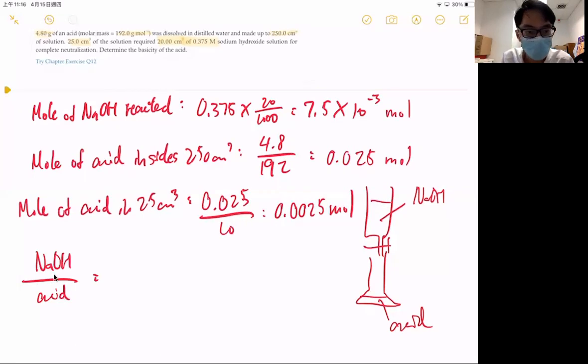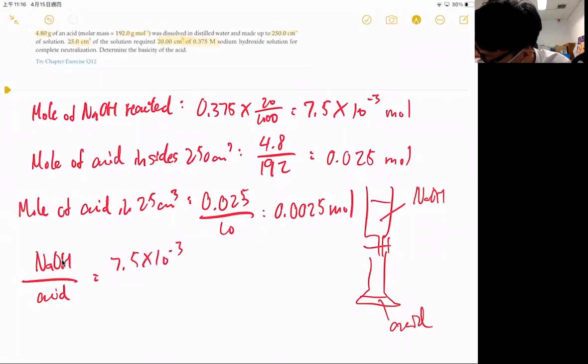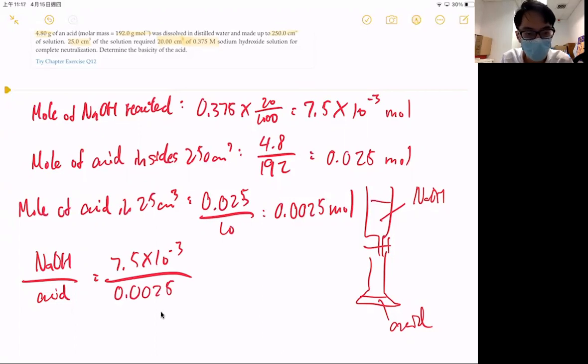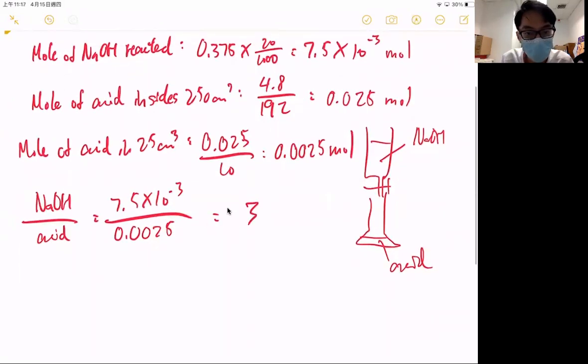The moles of sodium hydroxide will be 7.5 times 10 to the power of -3, and the number of moles of acid will be 0.0025. We do the division, and finally you will get 3. What does 3 mean? It means that 3 sodium hydroxide will react with 1 acid.